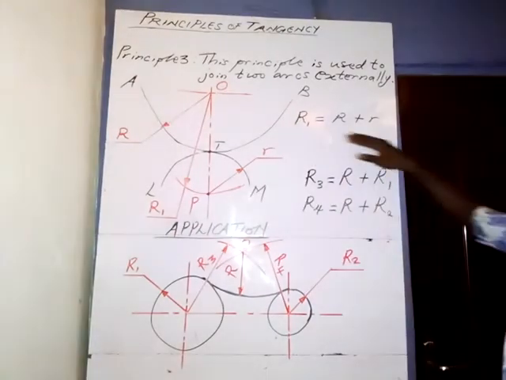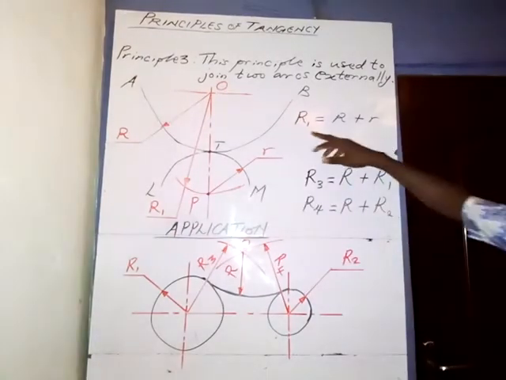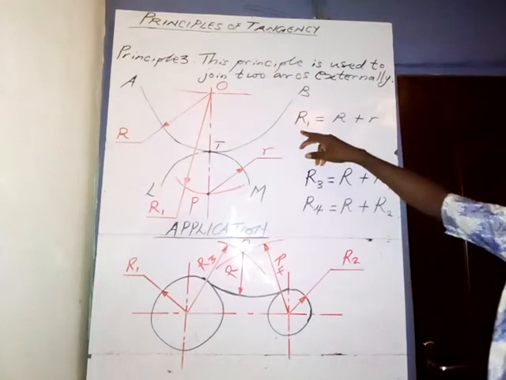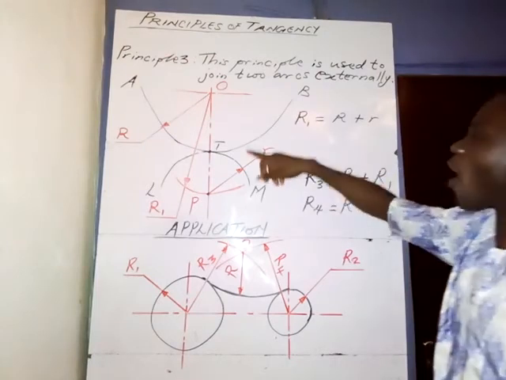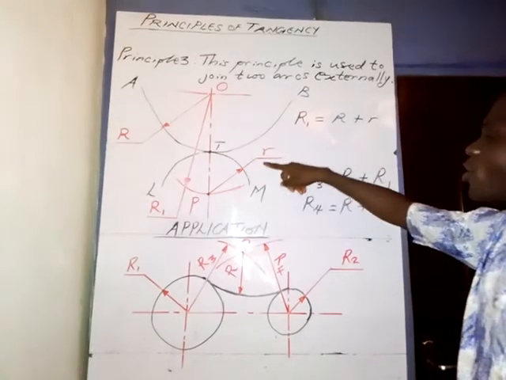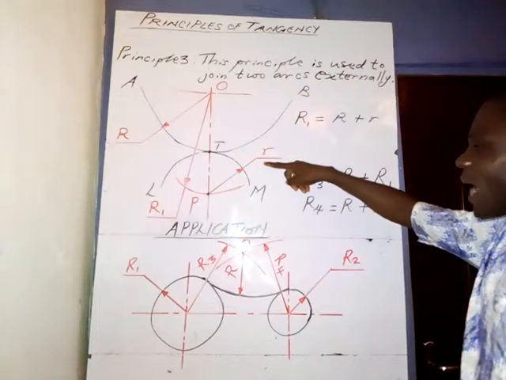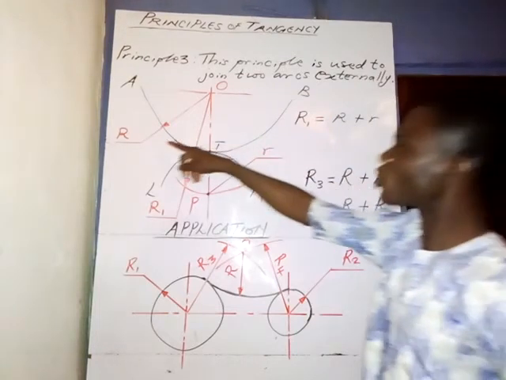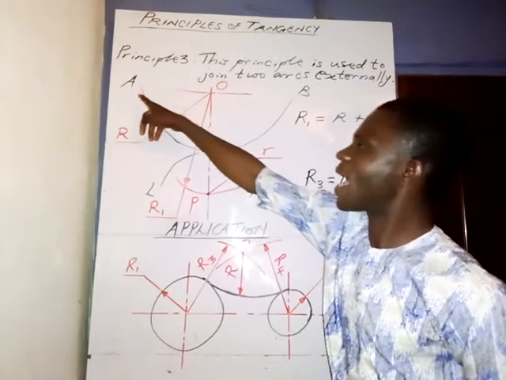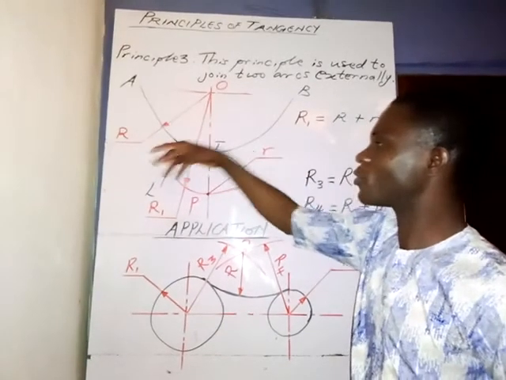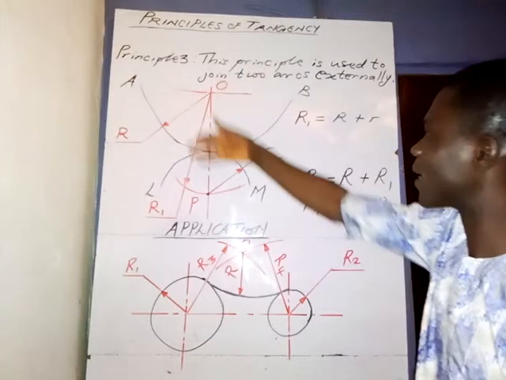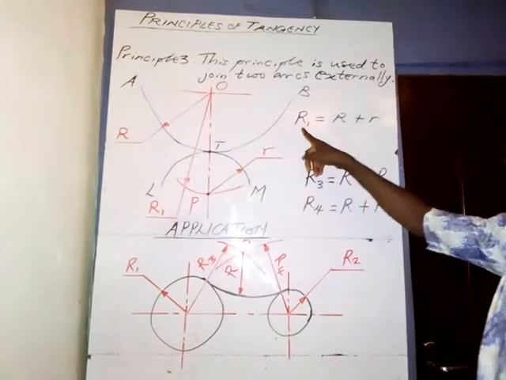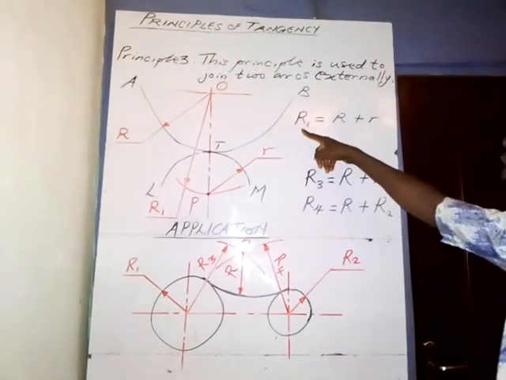That's what I've explained here. To calculate R1, you add the radius of arc LM, small letter r, to the radius of arc AB, capital letter R. By the time you add them together, you get the value of R1.